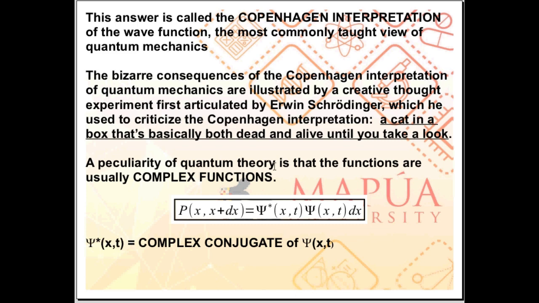So you might want to look into the concept of the complex conjugate in your mathematics because, depending on the problem, you might end up having to apply the complex conjugate on psi.